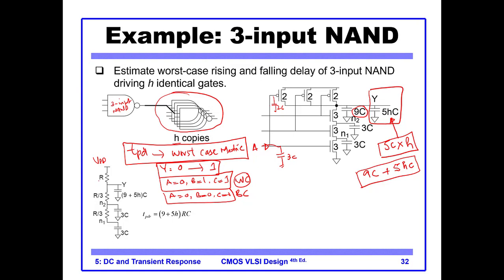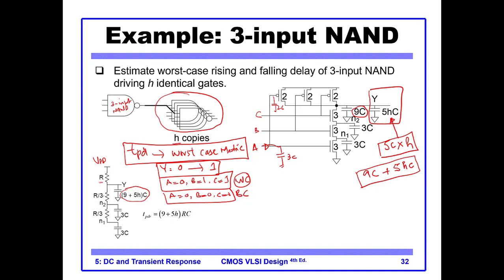When one of the PMOS is on, we have a resistance R that goes to the output Y, and then to the total capacitance 9 plus 5H C. Because A is 0, the lower NMOS is off, and the B and C NMOS are on.